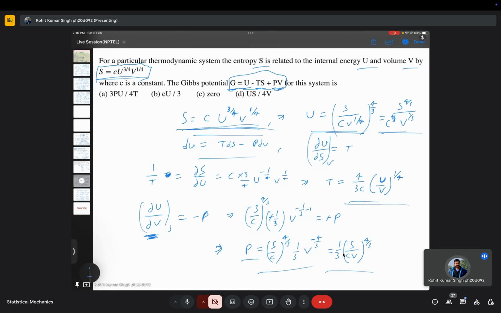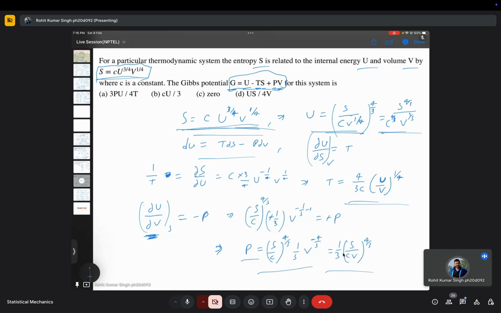But as the system evolves, this Gibbs potential will also change. It happens to be zero at some point, but if the entropy changes, then this will also change. But the thing is, it will always be zero if you have an isothermal process and a constant force.